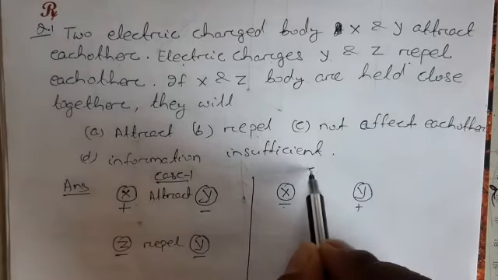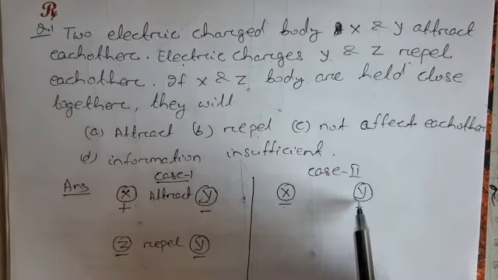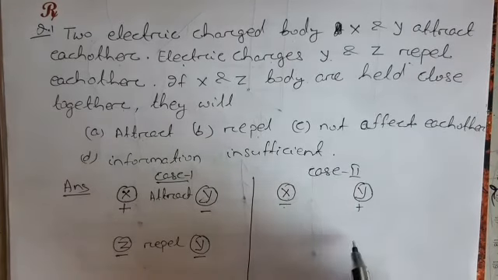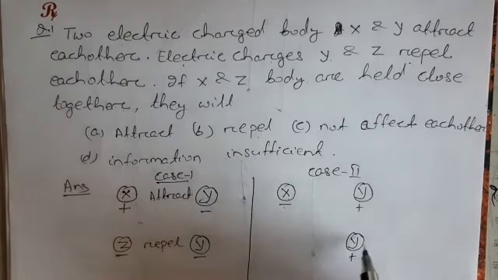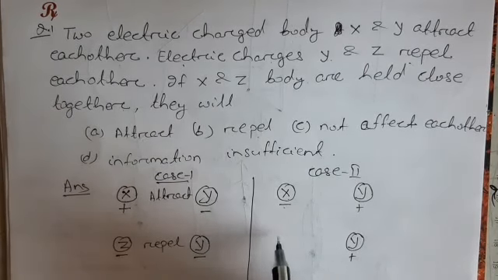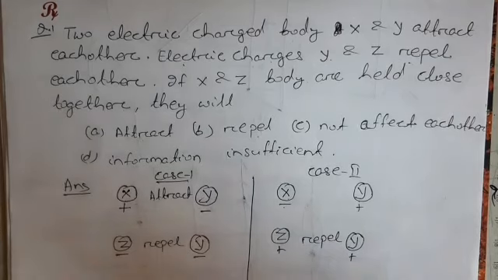In the second case, case 2, y and z repel each other, which means I have taken y positive here, and if y is positive, that means z must be positive, then only they will repel.